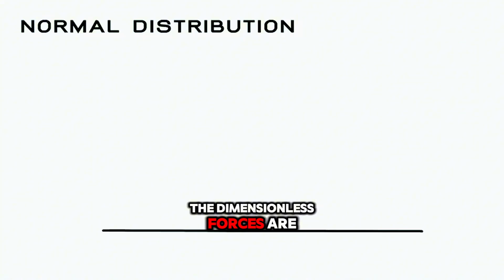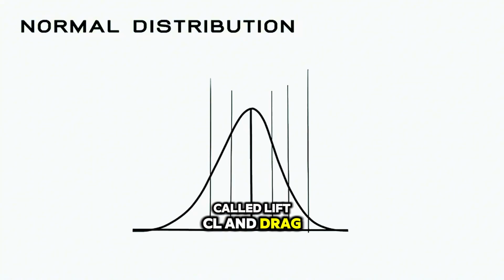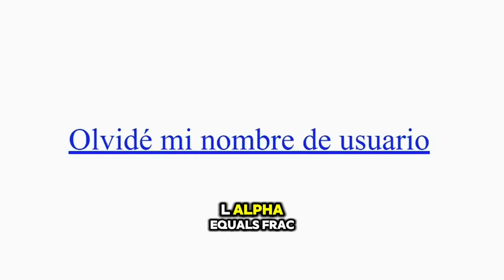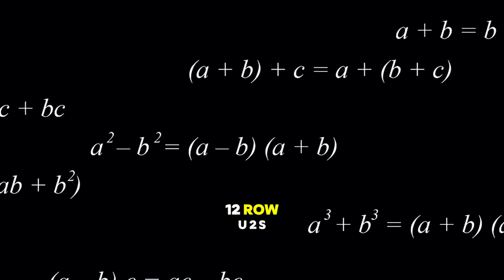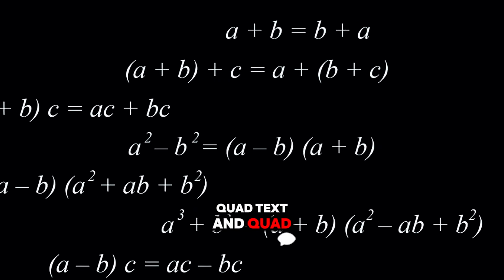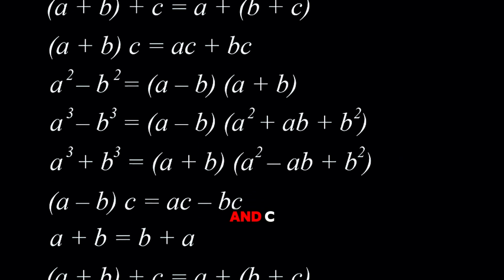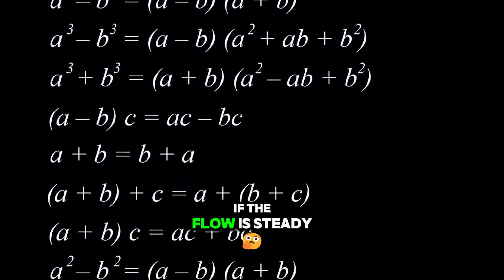The dimensionless forces are called lift C_L and drag C_D coefficients, that is, C_L = L/(1/2 ρU²S) and C_D = D/(1/2 ρU²S). C_L and C_D are constants only if the flow is steady.